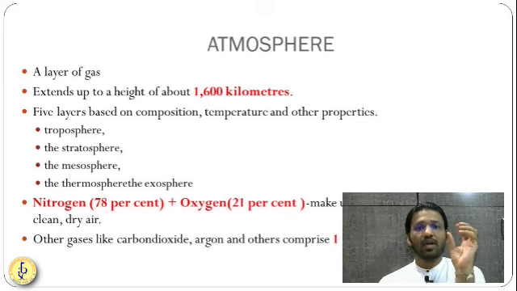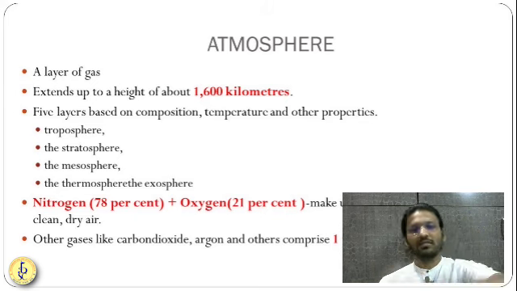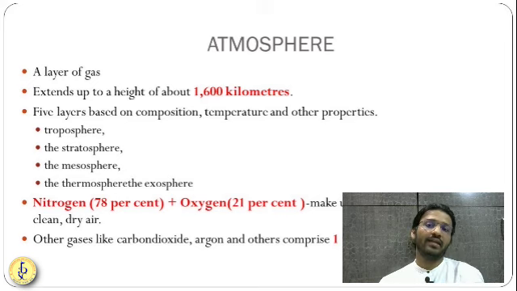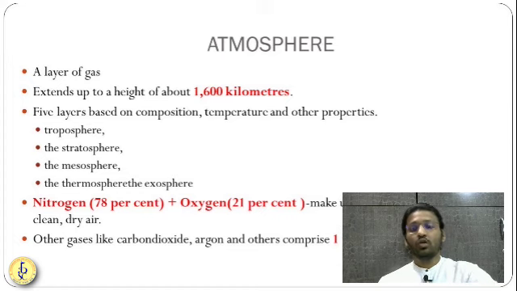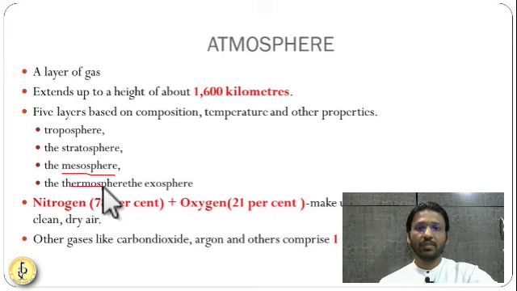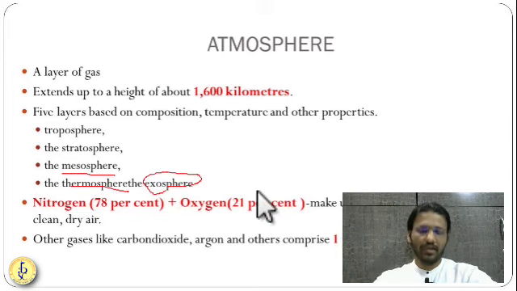If we want to divide this layer of gas from the surface to the top of the sky, we can divide it into 5 parts. From the base to the top, first is the troposphere, then the stratosphere, then the mesosphere, then the thermosphere, and the last one is the exosphere.